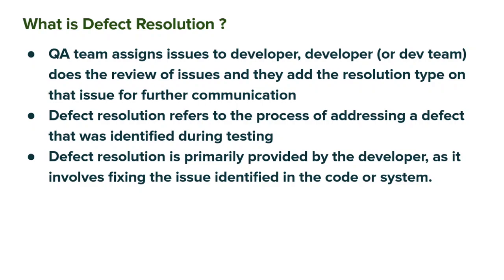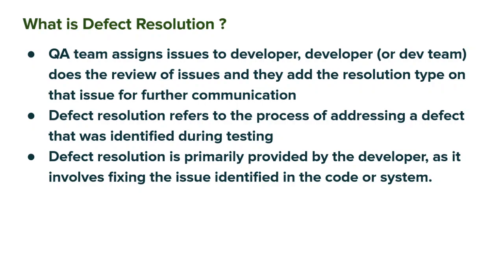Defect resolution refers to the process of addressing a defect that was identified during testing. After analyzing that issue, there are some types of resolutions which developers can add. That I will show you in some time. But just understand, the development team will provide the defect resolution, which primarily indicates what is the next action the developer is going to take on that issue.